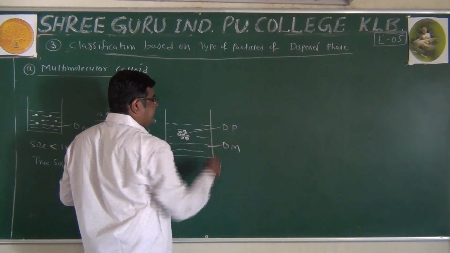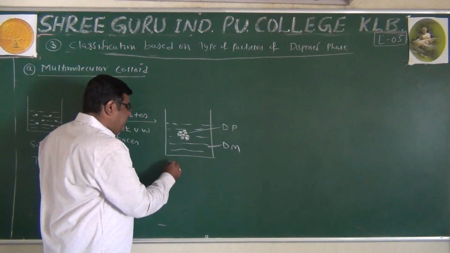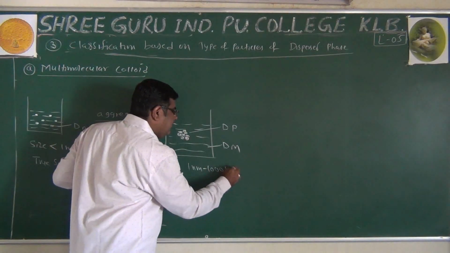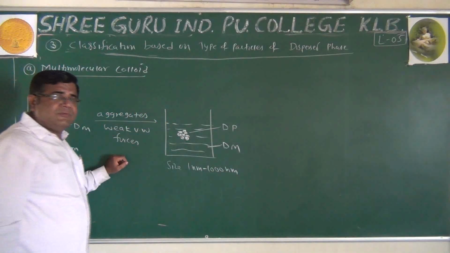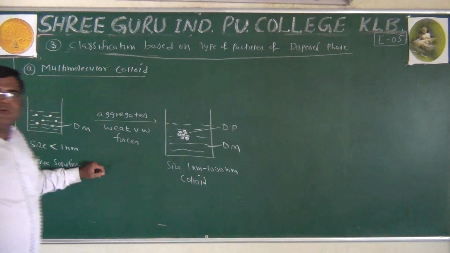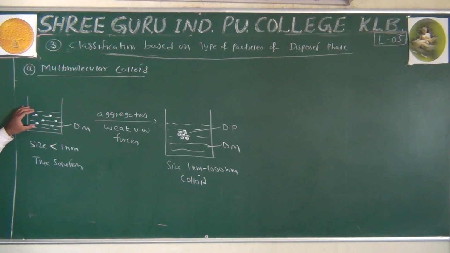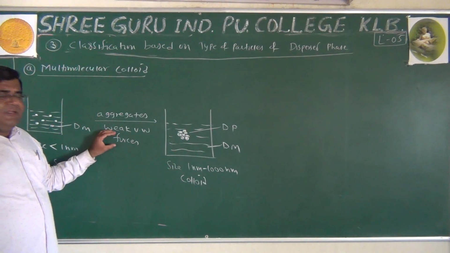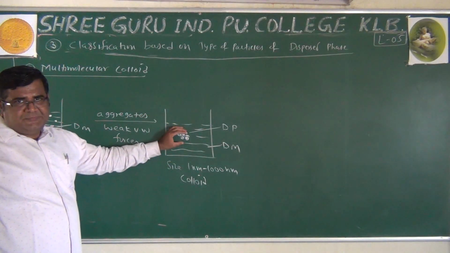Now this is the dispersed phase, and the size of the particle is 1 nanometer to 1000 nanometer. So we can call this a colloid. So what happened here? The particles, which are nothing but atoms or small molecules having size less than 1 nanometer, aggregate due to weak van der Waals forces and form the colloid.